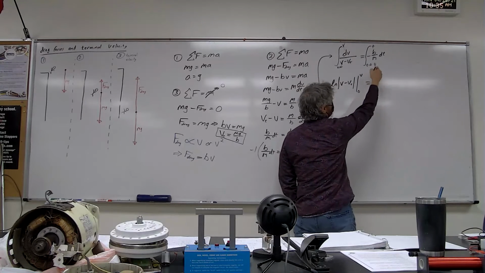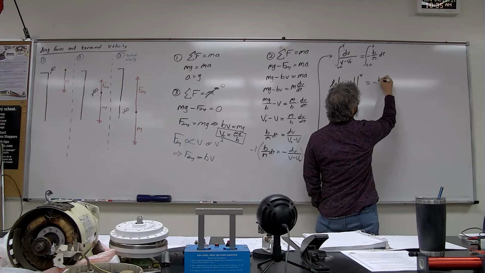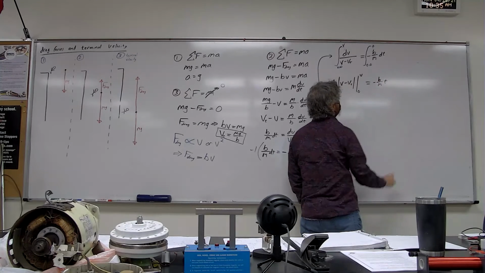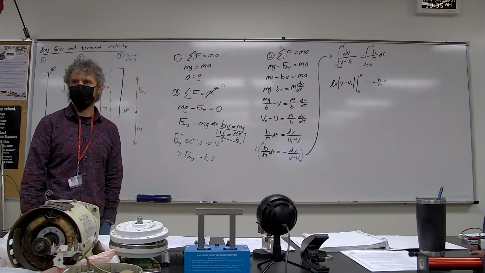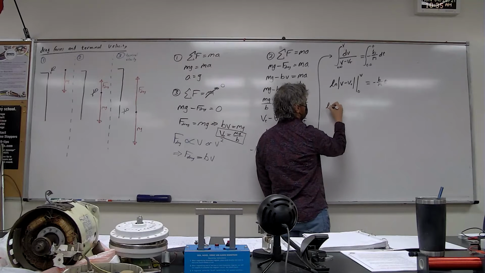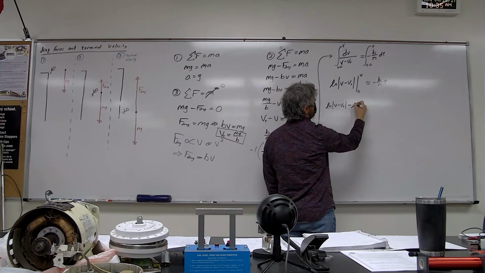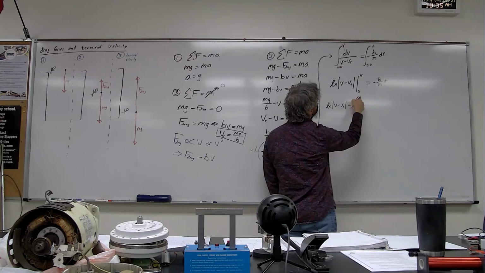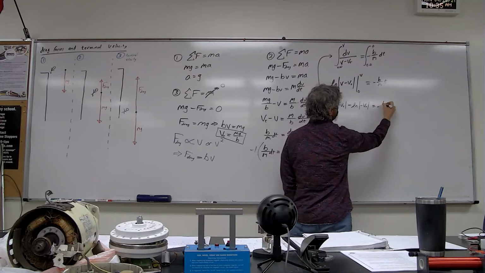That's going to equal, when I integrate this, I just get t, right? Negative b over m t. You with me? You feeling it? Well, here I can expand this out. Natural log of v minus vt minus natural log of negative vt equals negative b over m times t.